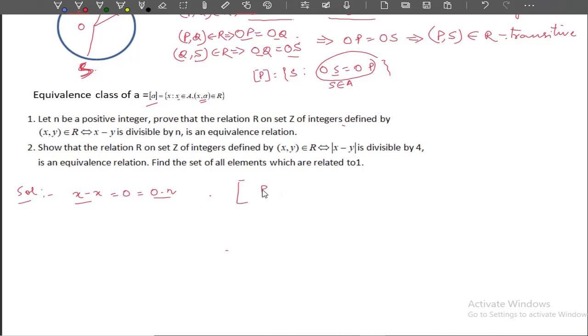A number p is divisible by q if p can be written in the form kq, where k belongs to the set of integers. x minus x is equal to 0, that is equal to 0 into n. So x and x must be related. So this shows R is reflexive.